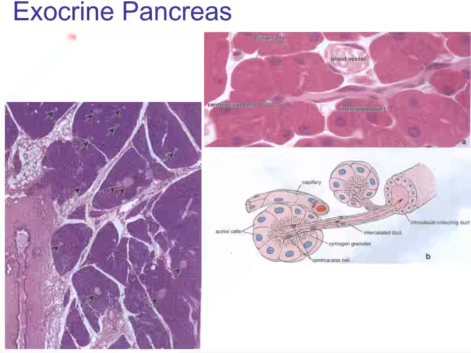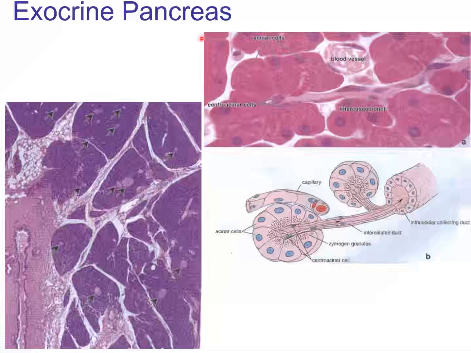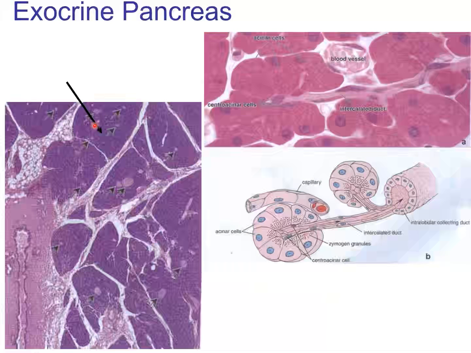The pancreas is both exocrine and endocrine gland. In this class, we will see the exocrine portion of the pancreas. Here the dark stained areas are the serous acini of the pancreas, and in between you can see there are light stained areas.